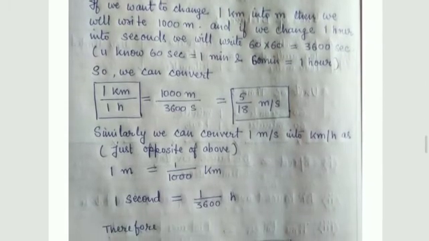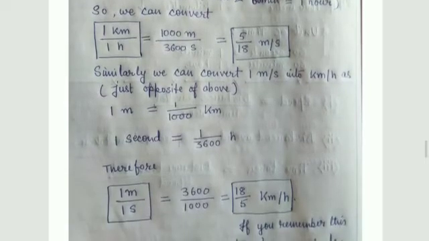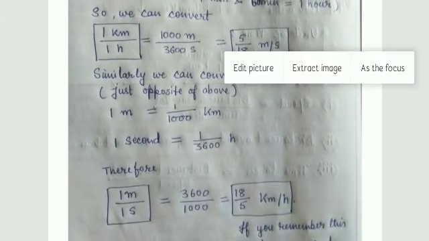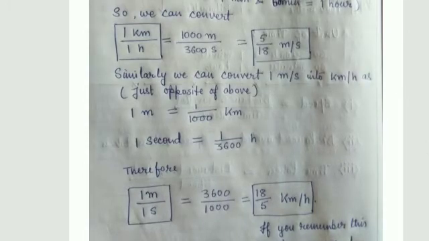Similarly, we can convert 1 meter per second into kilometer per hour. It is just opposite of the above calculation. See, 1 meter is equal to 1 by 1000 kilometer and 1 second is equal to 1 by 3600 hour.